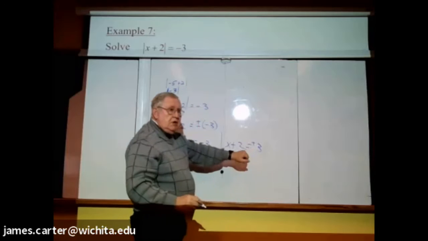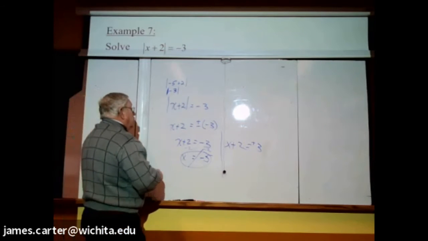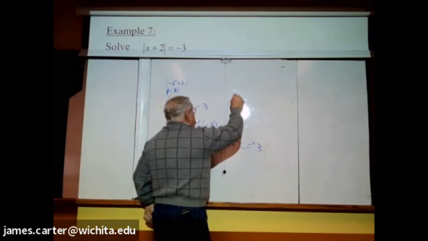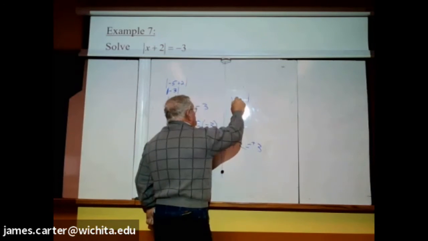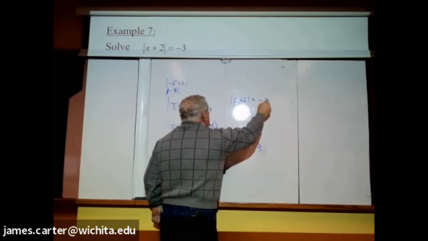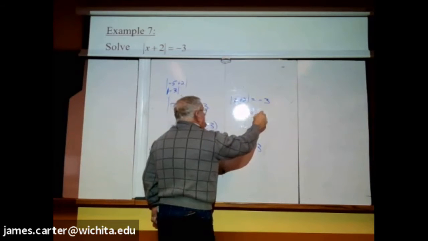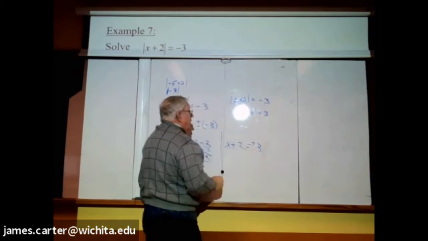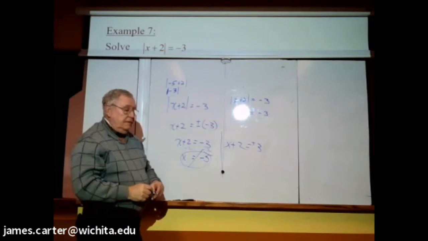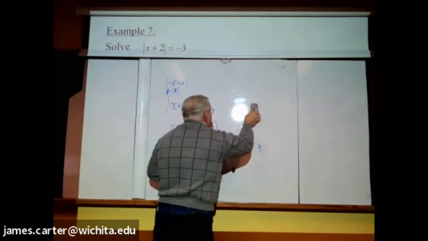And we could do a similar test with this one, and we would see that it also wouldn't be true. Absolute value of positive 3 plus 2 equals negative 3. And in this case, we would be getting a ridiculous statement like that. So as you see, neither answer would be true.